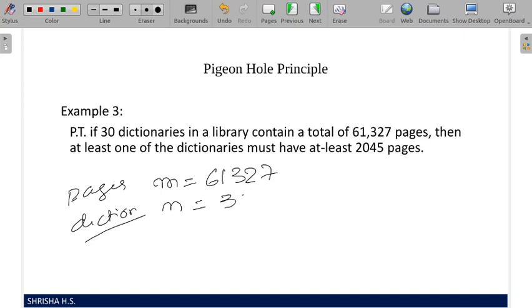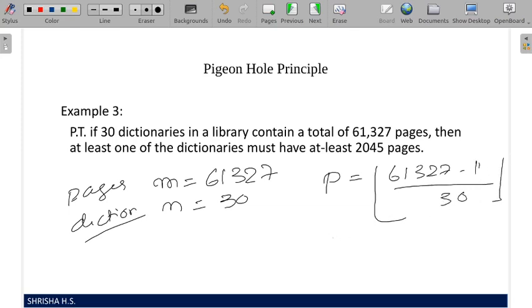How many dictionaries are there? 30. So let's calculate p. p will be the floor value of (61327 minus 1) divided by 30. So what we will get is the floor value of 2044.2.